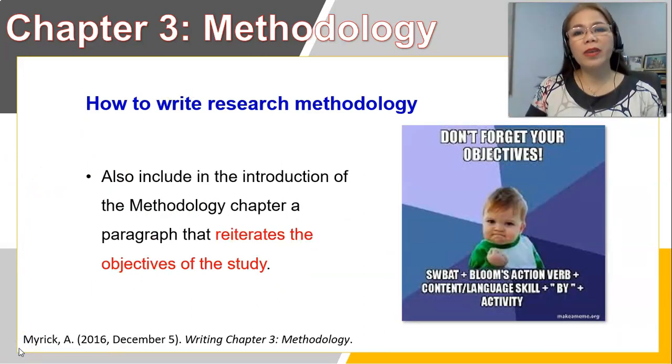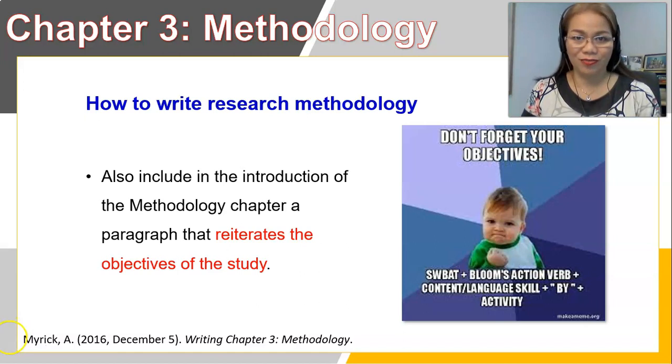And also, it would be helpful if in the introduction part of your methodology, you restate the research objectives that you intend to achieve in your research project. In this way, your readers will be reminded what are the objectives that your research study, your thesis, or your dissertation aims to achieve. Okay?